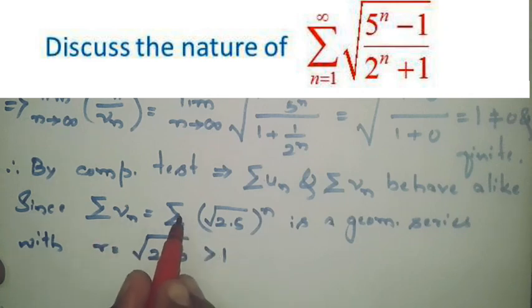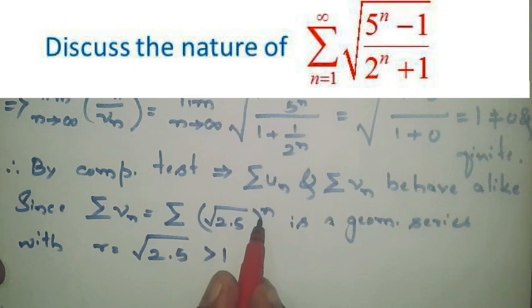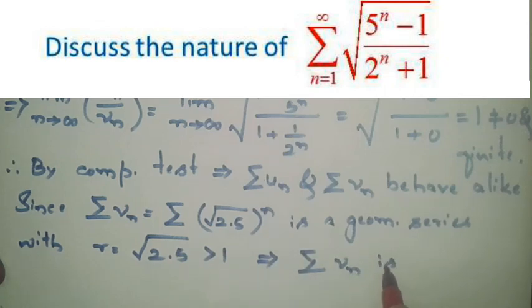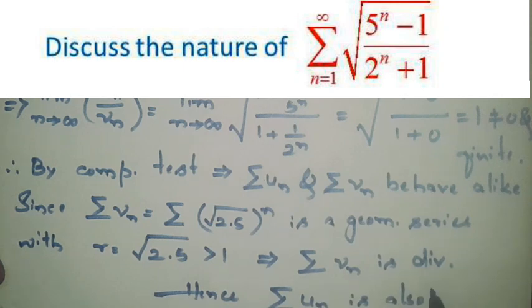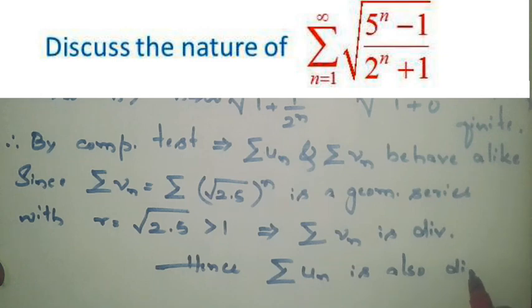Therefore a geometric series r to the power n with r greater than 1 is always divergent. This implies summation vn is divergent. Hence the given series summation un is also divergent as per the comparison test. So this completes the solution.